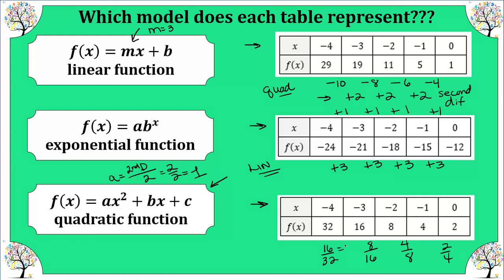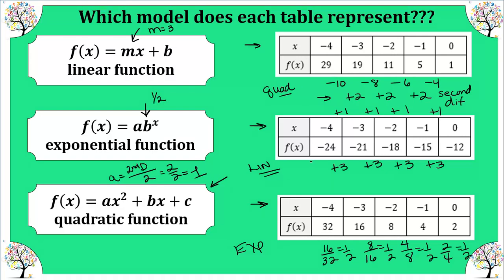And if we simplify these, we see a common ratio of 1 over 2. So this tells us that this is an exponential function table. And our b value is the common ratio of 1/2.